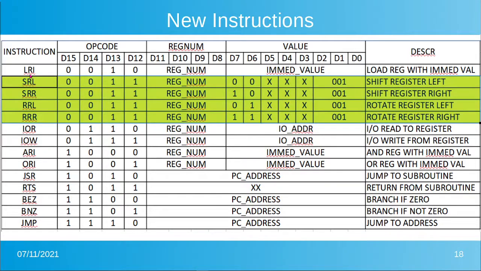We'll add these 4 new instructions: shift register left, shift register right, rotate register left, and rotate register right. And the difference between a shift and a rotate is whether it pushes in a 0 when it shifts it, or whether it rotates the bit that gets shifted out back in. This is just assuming unsigned math. If it was signed, it would want to shift in a particular sign value.